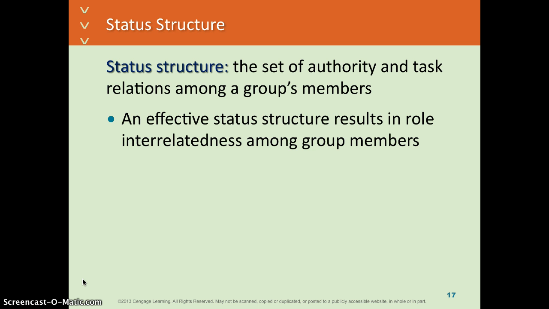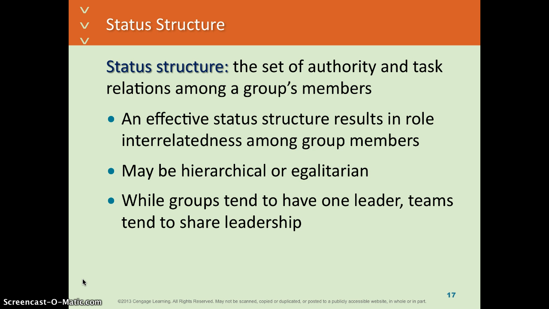Is it a group where you have two managers and subordinates? Is it all managers? Is it a combination of both mixed up? Hierarchical or egalitarian or democratic? And good teams, good work teams, good groups will tend to share leadership.